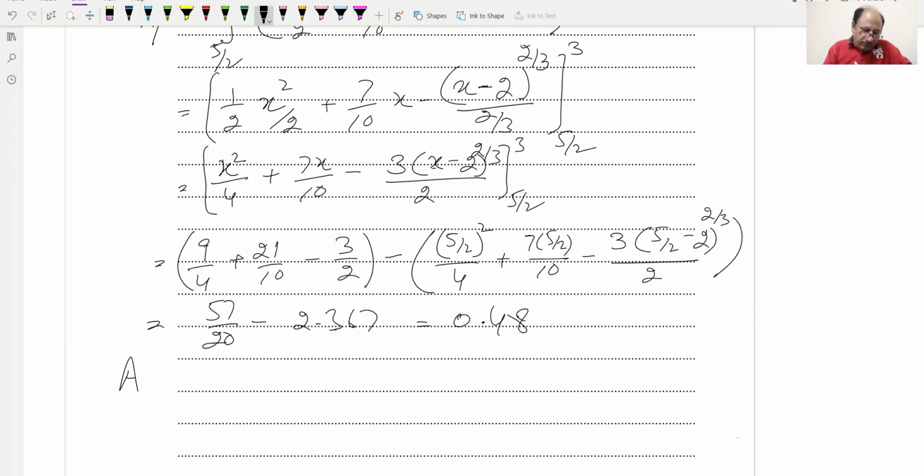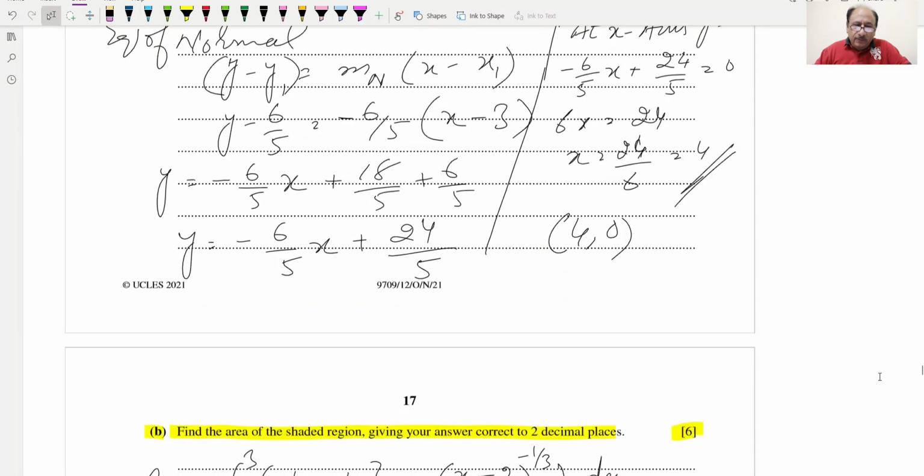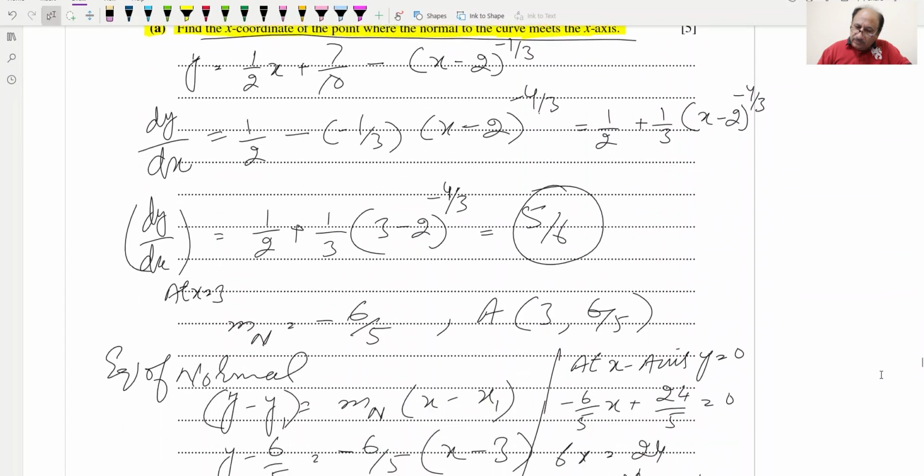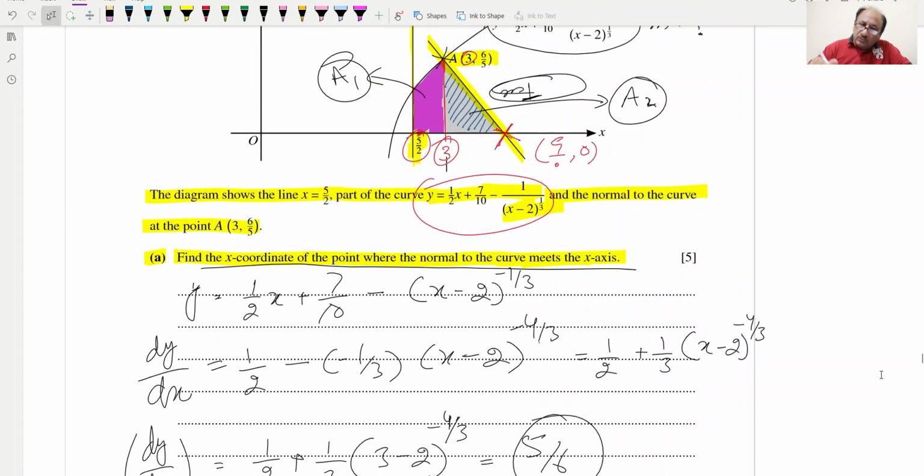Now what will be the area of the triangle? Triangle is 1 by 2 into base into height. This is basically area A2, and for A2 we will be taking the base as 1. We calculated from 3 to 4, so this was 4, this was 4.